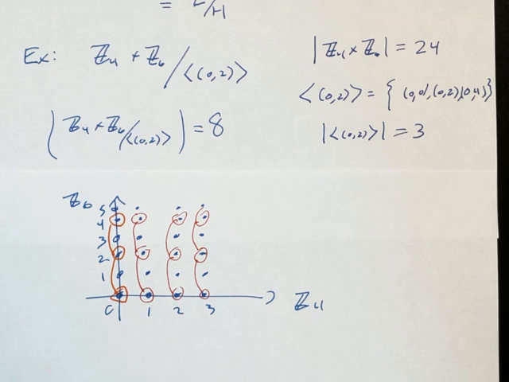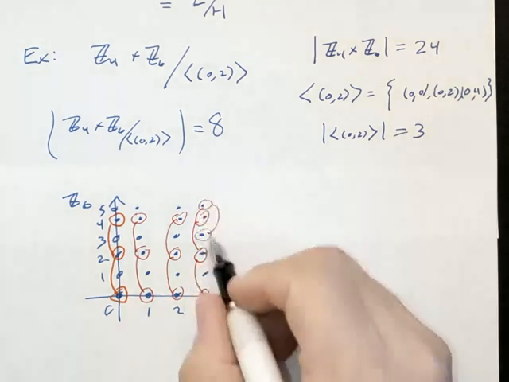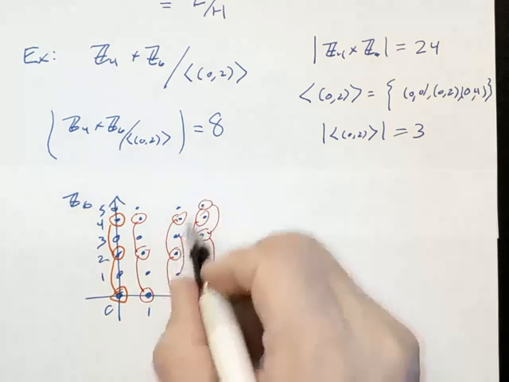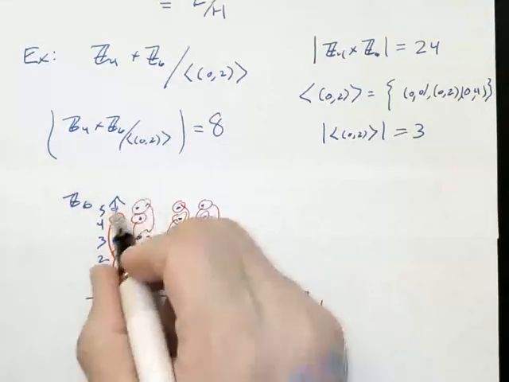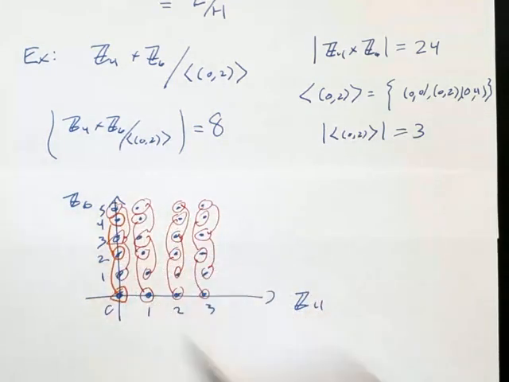Shift up. So here, aha! Wait a minute. So up and down does still matter, doesn't it? I didn't collapse everything in the vertical flat. How many choices do I have going up and down for cosets? Just 2. 0, 2, 4, or 1, 3, 5.